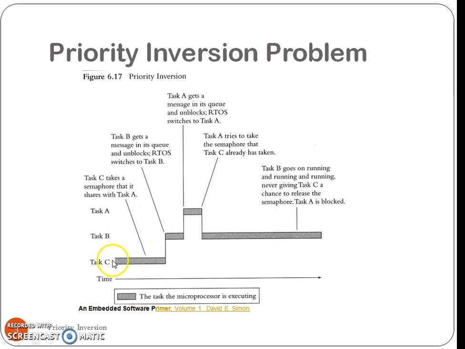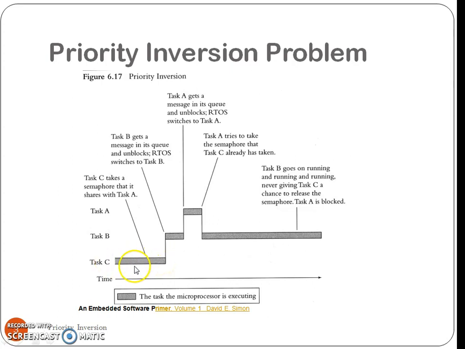But once task C has acquired the semaphore, it will not release it until it completes its task. So you can observe here task C is holding the semaphore for too long a time.